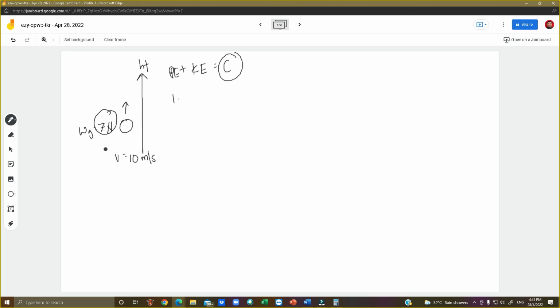Ni kena tukar dulu, because KE is half mv². M is mass in kg. Jadi kita ada 7 Newton. Bahagi dulu dengan 9.81, you end up dengan kg. Baru selesaikan KE itu.